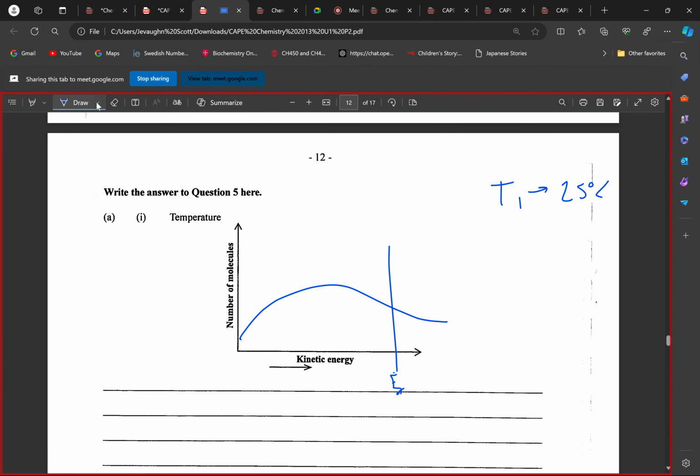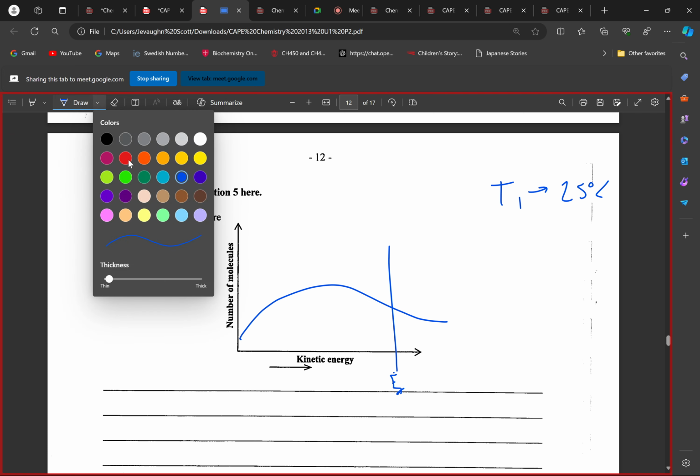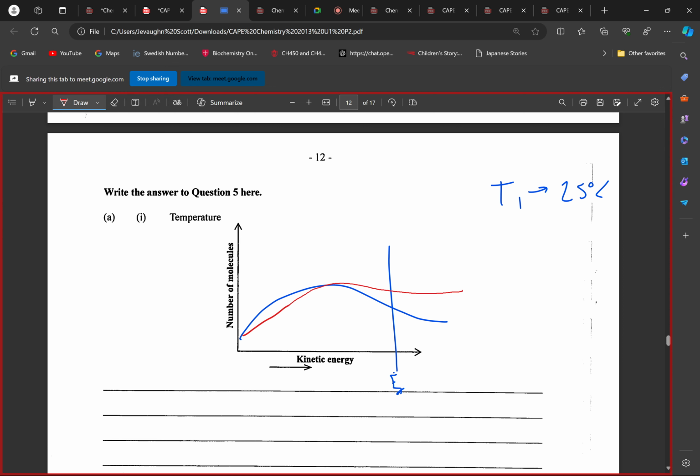So that's just a regular temperature there. What happens when we increase the temperature now? If we increase the temperature, we're going to end up with something like this. T2 is going to be a higher temperature. T2 is going to be greater than 25 degrees Celsius. Let's just say 40 degrees Celsius.